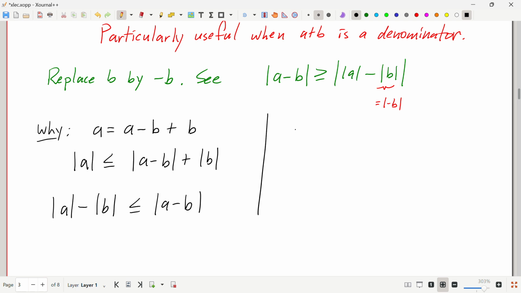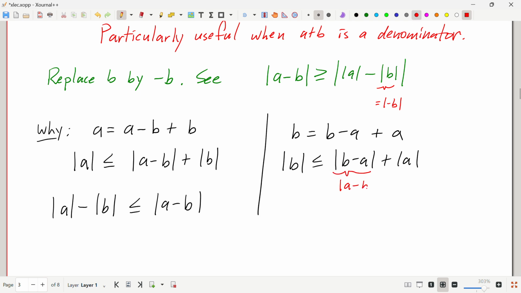Now I'm going to do B equals B minus A plus A and do the same thing, and get that absolute B is less than or equal to absolute value B minus A plus absolute value of A. And of course, the absolute value of B minus A is the same as the absolute value of A minus B. So I get absolute B minus absolute A is less than or equal to absolute A minus B. Let's call this star number 1 and this star number 2.